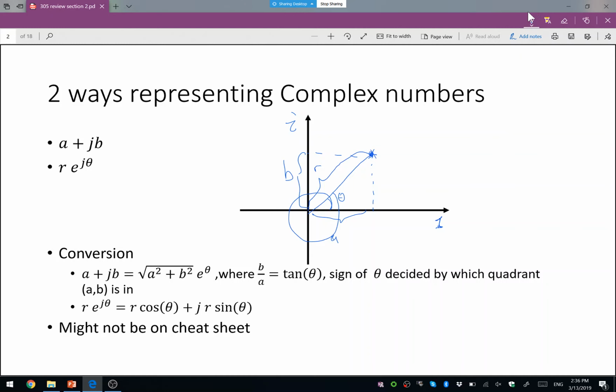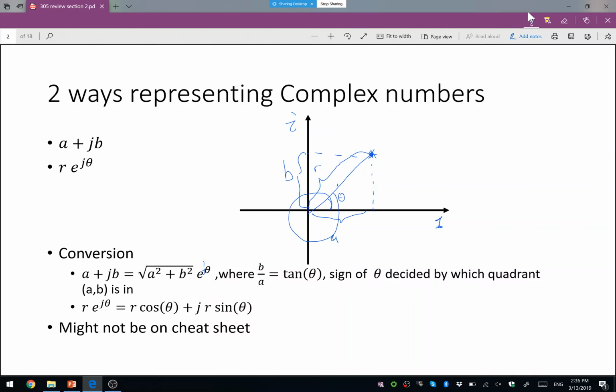So usually we need to convert back and forth between these two representations. So a plus jb, well, the length r, you know how to compute. And theta, this is a little bit tricky because you have to decide the sign of theta based on which quadrant it is located in.